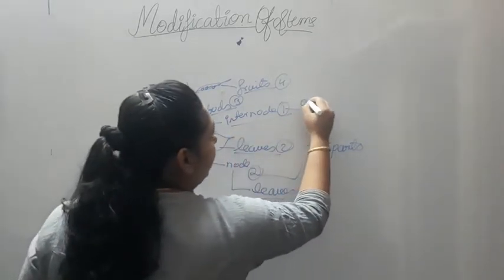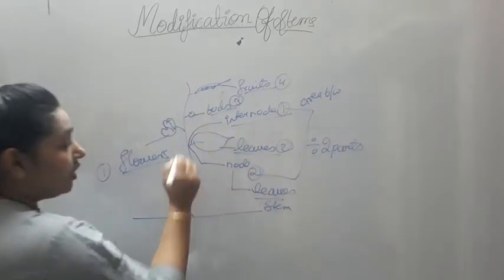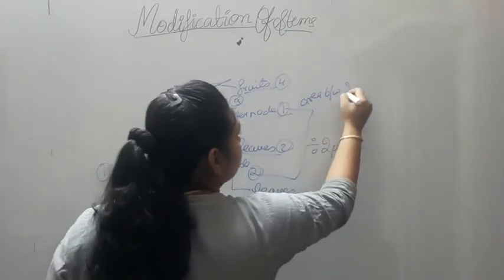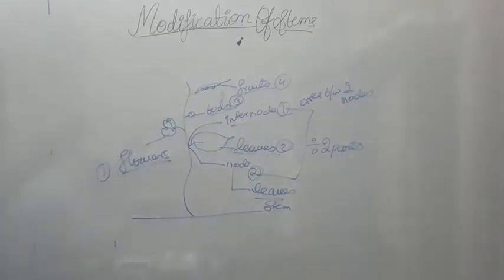Internode is the area between two nodes. The place between two different nodes is called the internode. So this is about the stem which you see.